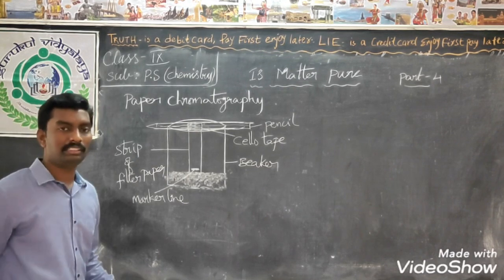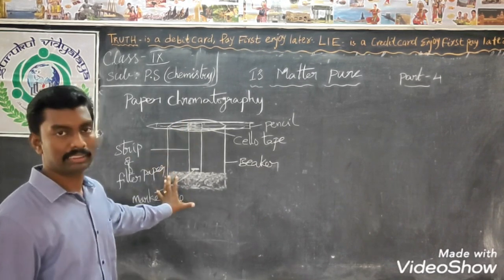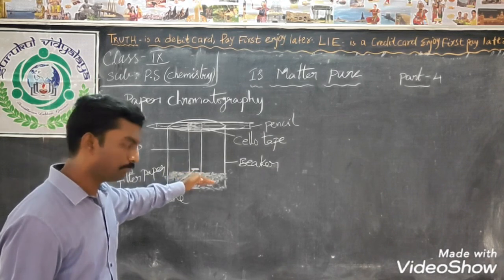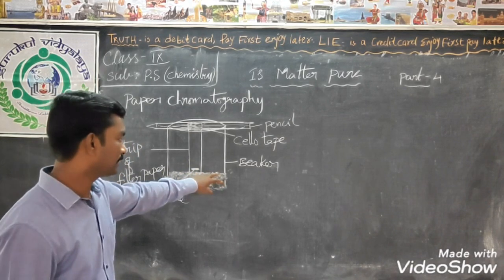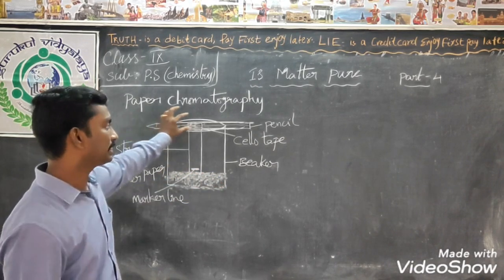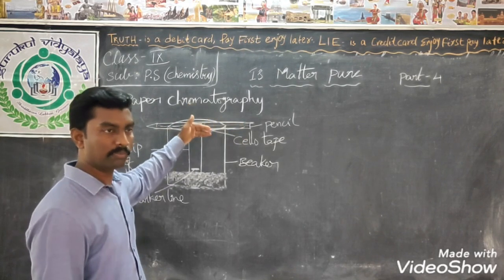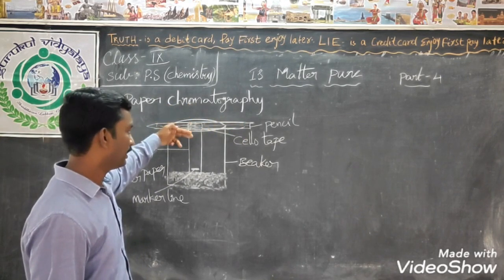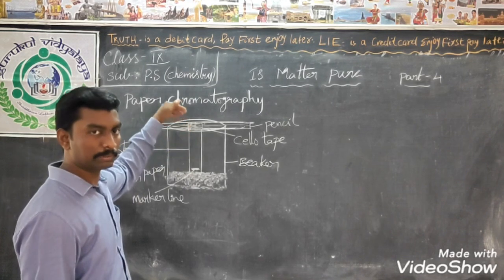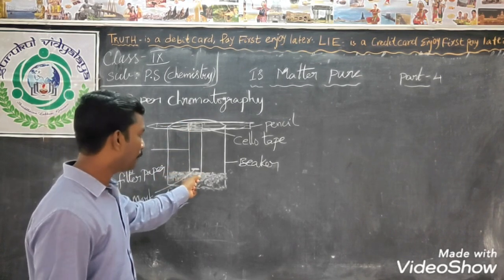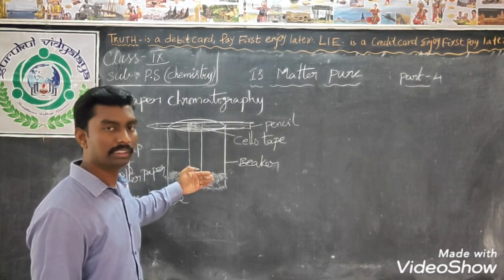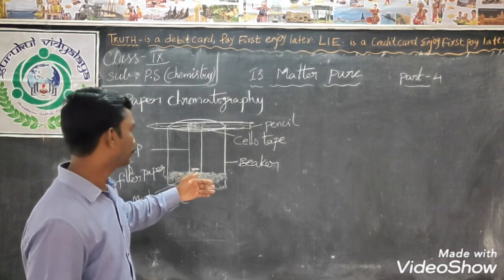So children, do you understand? Taking one glass beaker, we fill some water in it up to this level, and one pencil is kept here. With the help of the pencil, we make the paper strip suspend into the water. The end of the paper strip should touch the water.